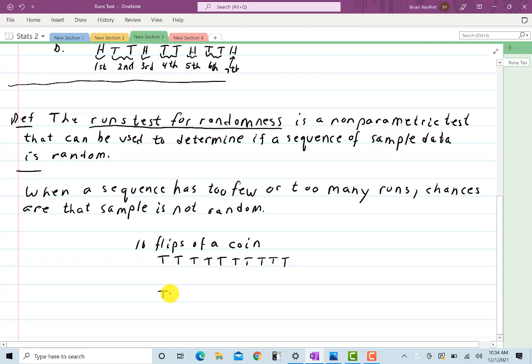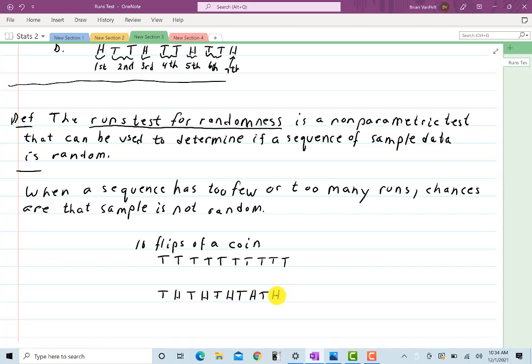Suppose you do get exactly what you're supposed to get according to probability. It should alternate between heads and tails and heads and tails. But nonetheless, this here is suspicious because now you have 10 runs. There's too many runs in this case. So some mixture, something in between these two, is what we're talking about as far as being a random sample. These two are too suspicious.